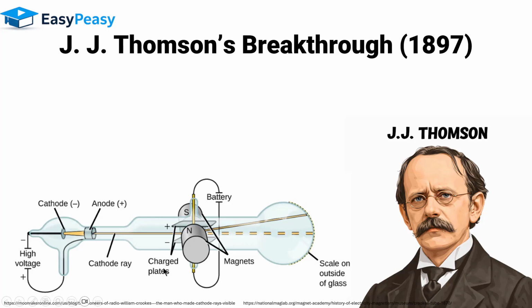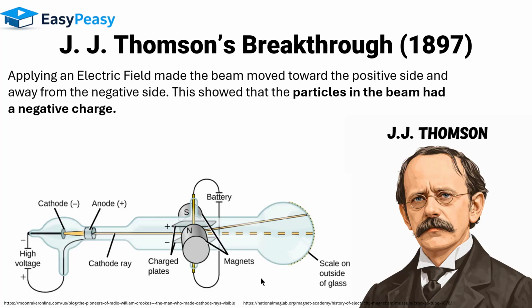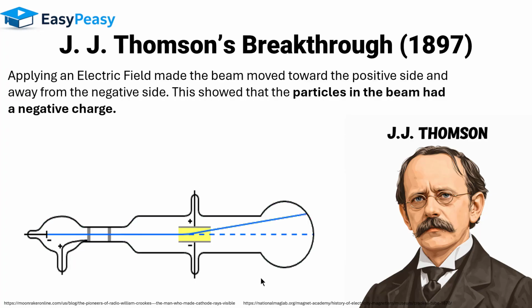And then he put some charged plates with some magnetic fields around the tube to see how this beam is going to react to an electrical field and a magnetic field. So first he applied the electrical field on the beam. When he applied the electrical field, the beam moved towards the positive side and away from the negative side.